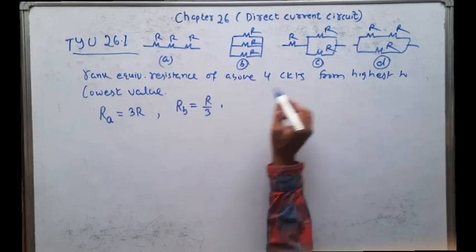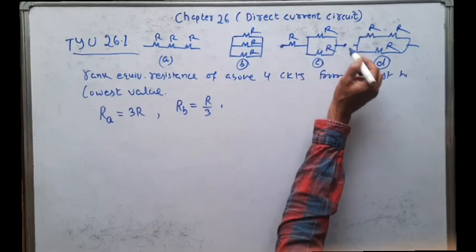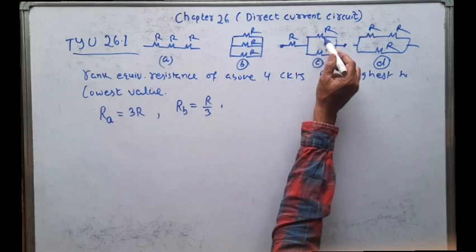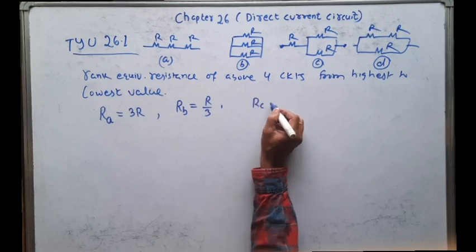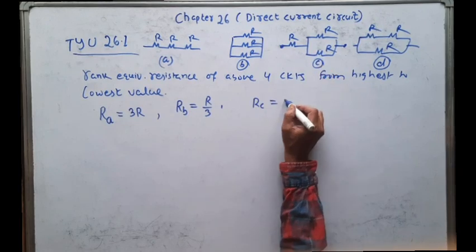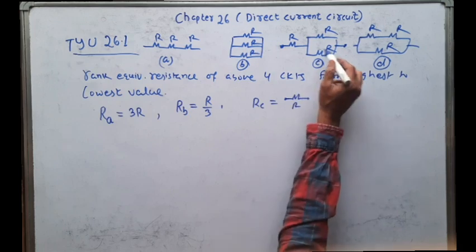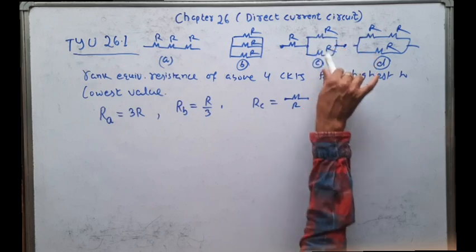Similarly, come to C. So in C, what is the equivalent resistance across the terminal? So here you see, these are connected in parallel. So let us see the RC. How will we get the RC? So here this resistance is R, and between this point and this point, the two resistors are connected in parallel.